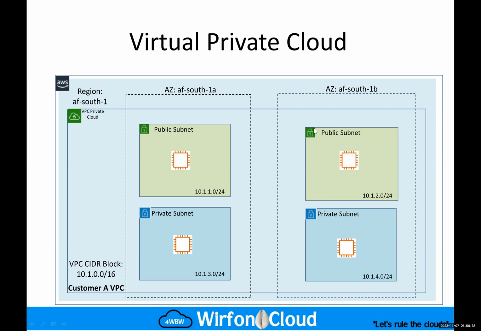So, for example, if you have a web application running, you place your web application in a public subnet so that it can be accessible from the internet by your users.